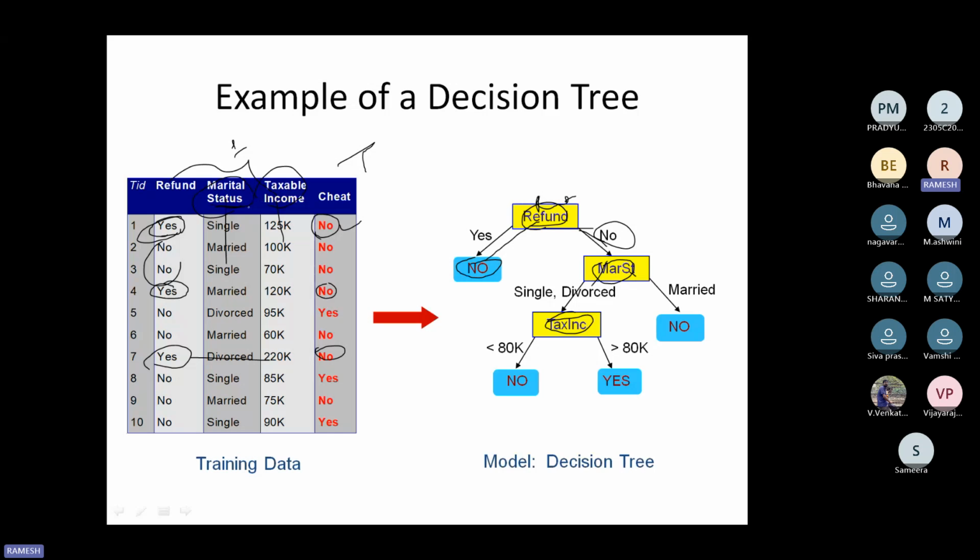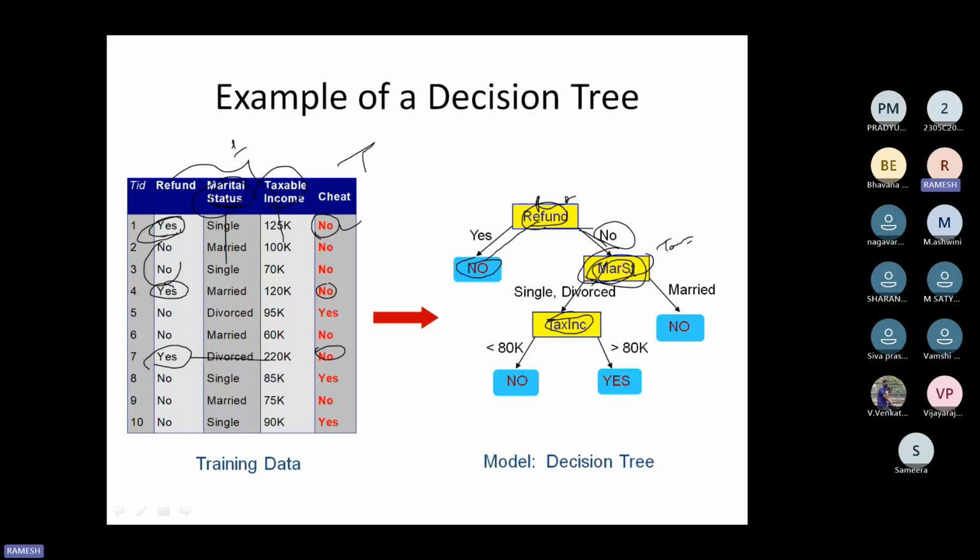Here we have taken marital status as the intermediate node, the right node of refund. Why have we selected this? Instead, we could also have taken taxable income. Why is this node selected as the right node of refund?